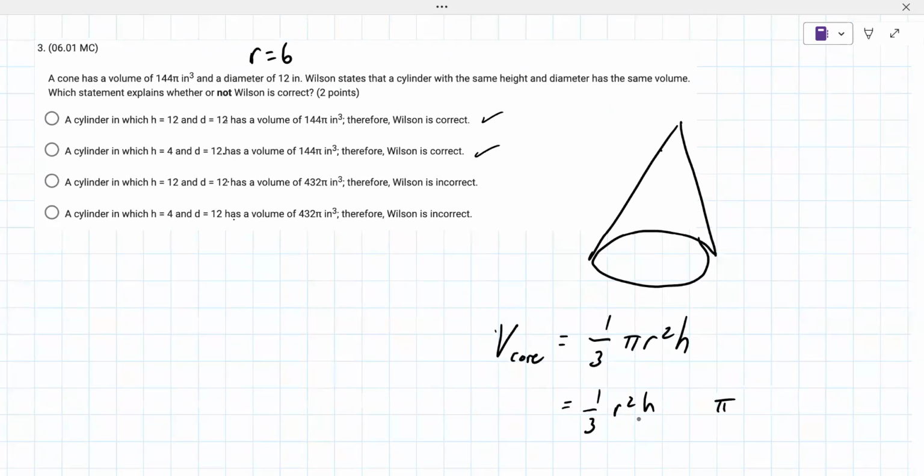So if r equals 6, and then the h is 6, that's 30.